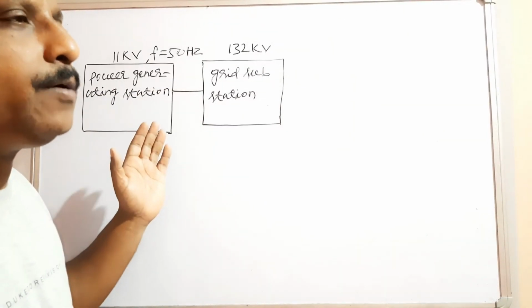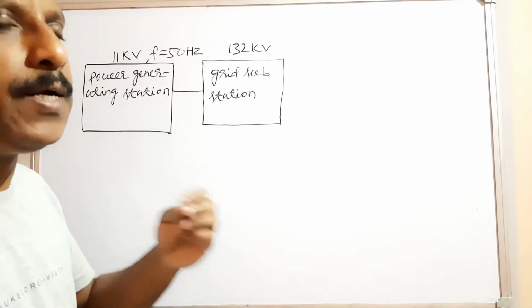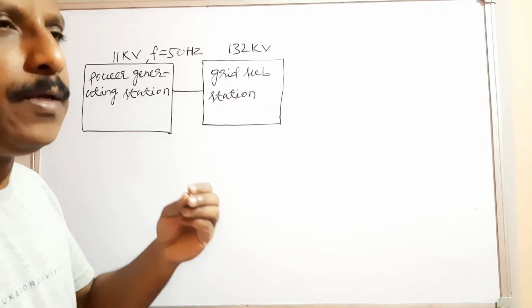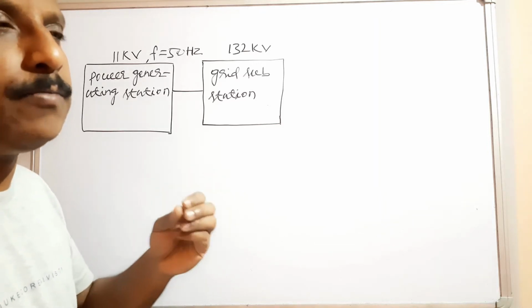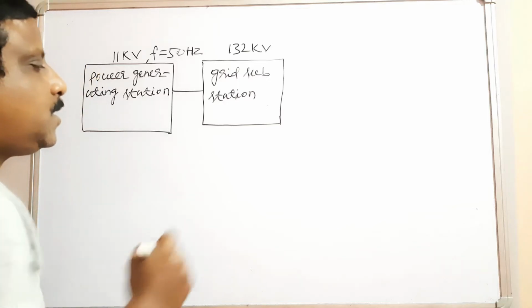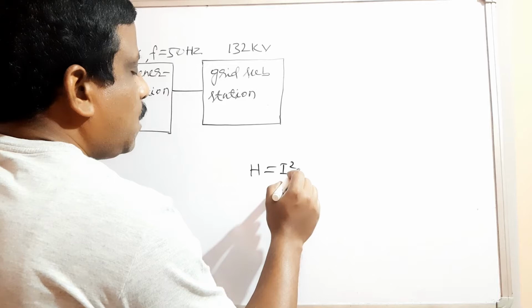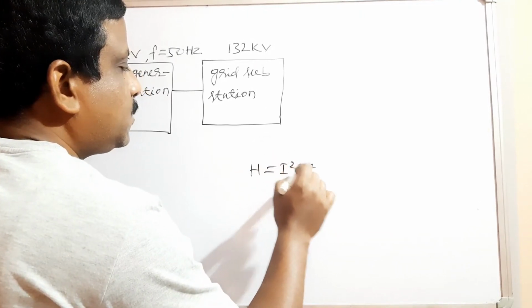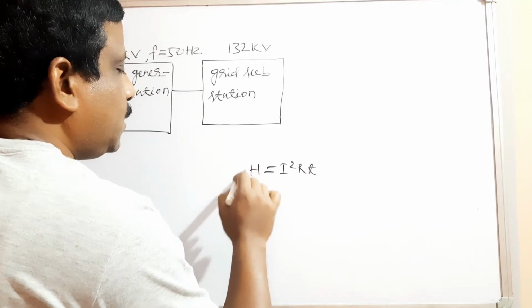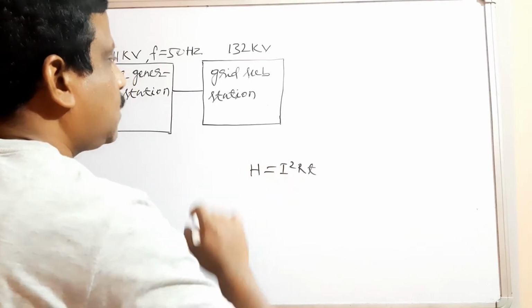When a high current is supplied, the heat produced is directly proportional to the square of the current. There is a relation, H is equal to I square R T, where I is the current, R is the resistance, T is the time, and H is the heat. Heat is directly proportional to the square of the current.